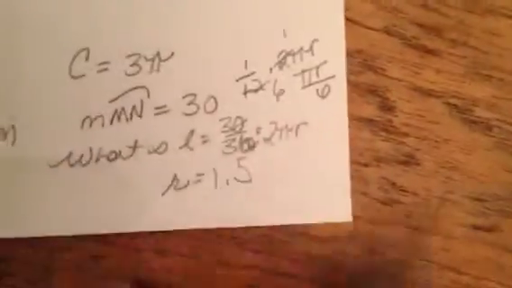Divide both by 10. 3 goes into 36 12 times. That's 1/12 times 2 pi r. 2 goes once, 2 goes 6. So it's pi r over 6 is my arc length. Sorry the work was so messy there.